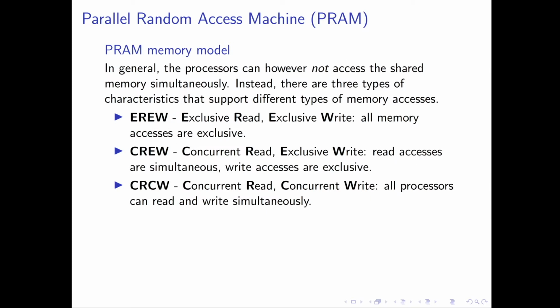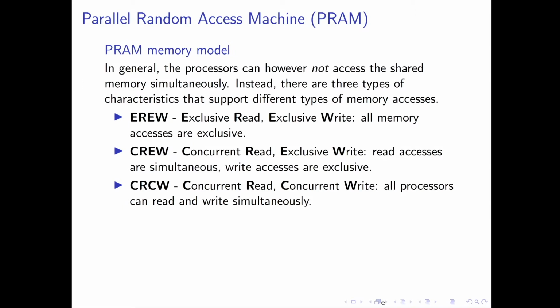Now, the model is very much idealized and simplified, but there's one thing that we have to take care of, and that is the way that memory is accessed when multiple processors try to simultaneously access the memory. We in general assume that simultaneous access is not possible, and instead there are three different types of memory accesses that the machine model can implement. Depending on the machine model, we potentially arrive at different algorithms.